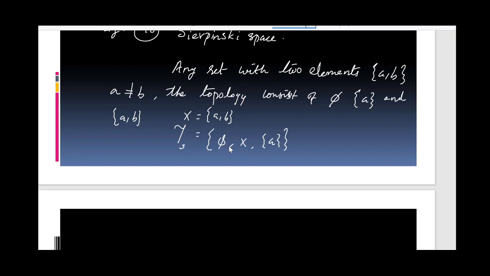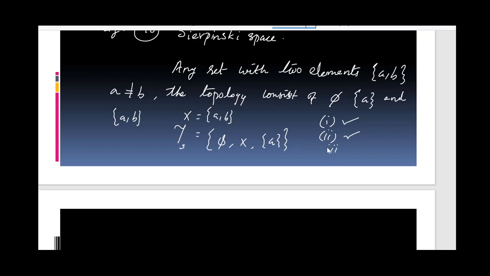First we want to check whether the empty set and the entire set belong to this topology or not. Yes, they belong. So the first condition of topology is satisfied. What about the second condition? It should be closed under arbitrary union. When you take the union with the empty set and X, you will get X. X and {a}, again you will get X. So arbitrary union is also closed.